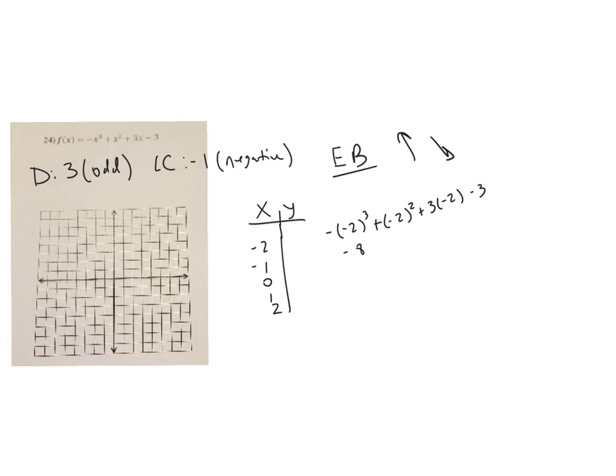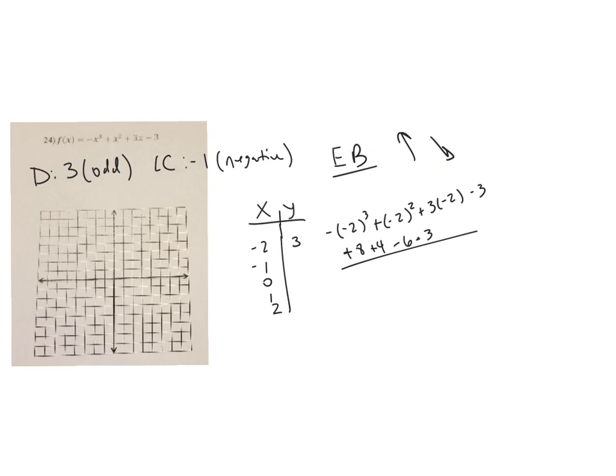So I get negative 8, so it's positive 8, plus 4, minus 6, minus 3. So I have 8 plus 4, which is 12, minus 9, so that's going to be 3.